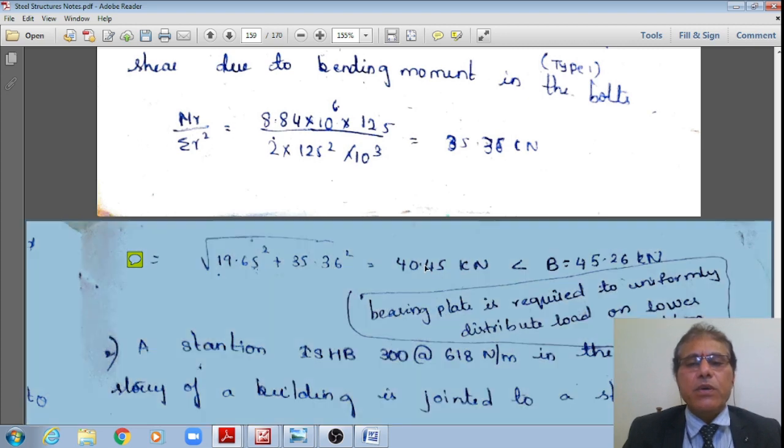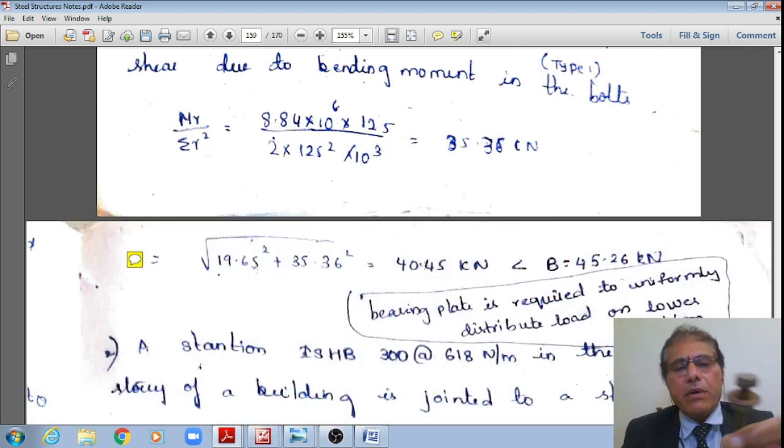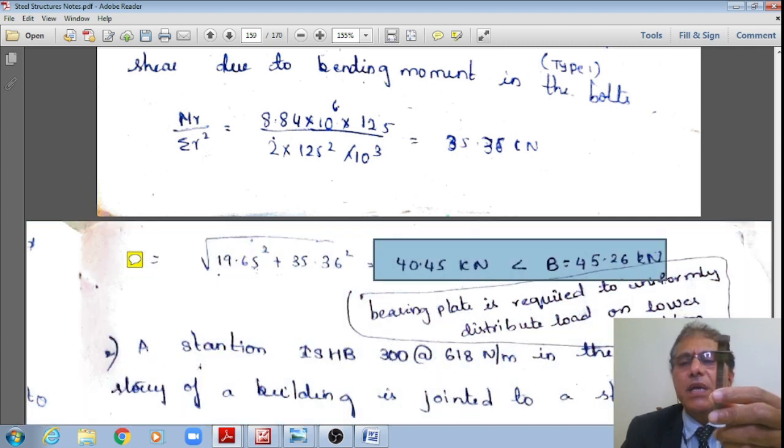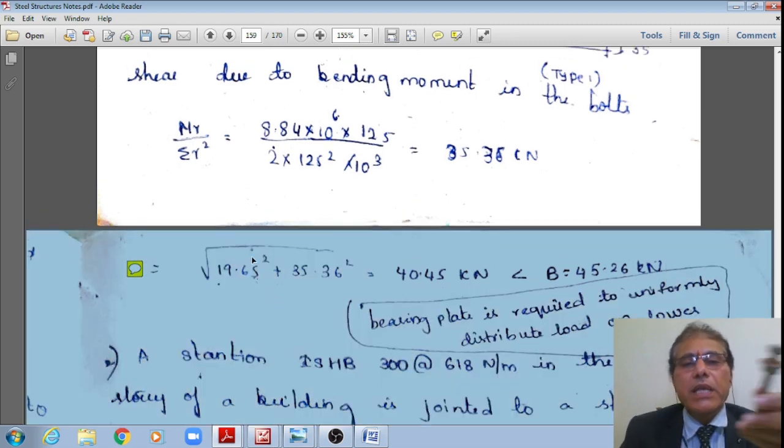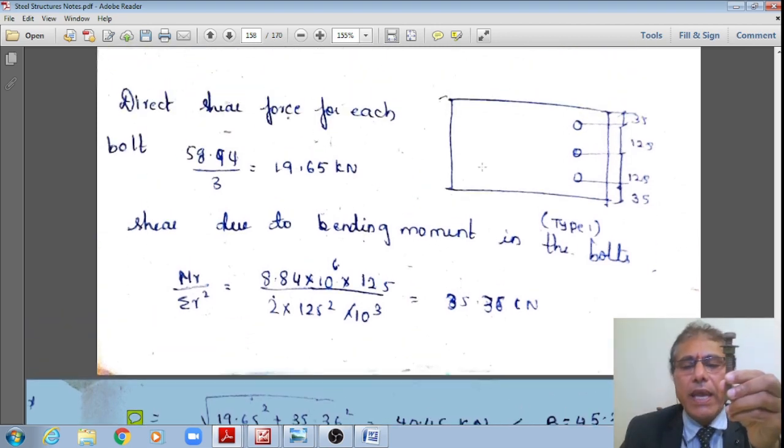However, as per the code, the maximum force which can be resisted by the bolt is the bolt value, which is 45.26 for this 20 mm bolt. Therefore, this combined shear of 40.45 is just less than 45.26 kilonewton. Therefore, these bolt designs are also okay.